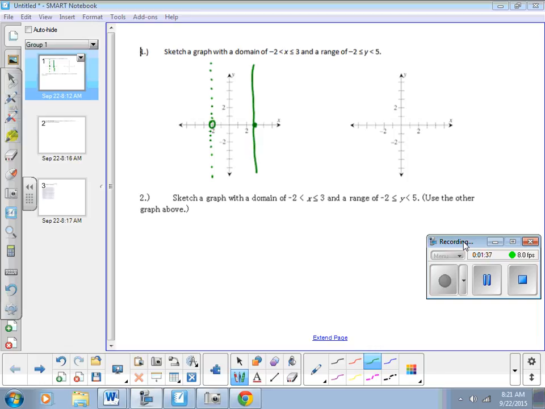But you got to keep into consideration it also has a range. You could easily just draw a line from here to there with a domain of that, but the problem is you got to make sure it satisfies the condition of the range, okay? So do you understand why I'm not going to keep that graph that way?